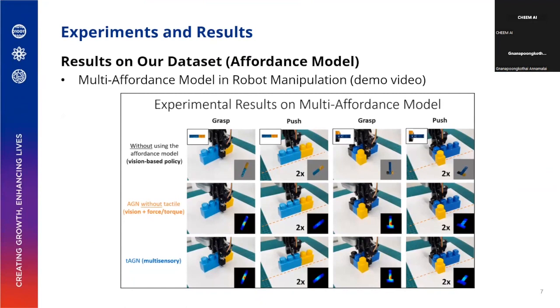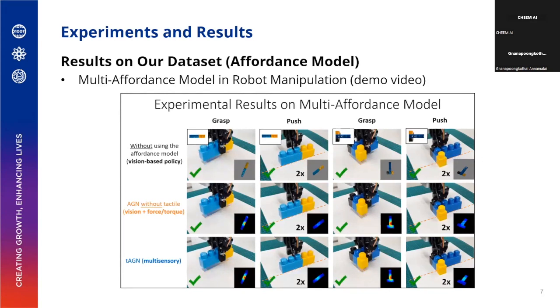Then we can use the affordance model output directly as input to the robot to conduct the manipulation task. This is a video showing how we use the affordance model to perform the task.